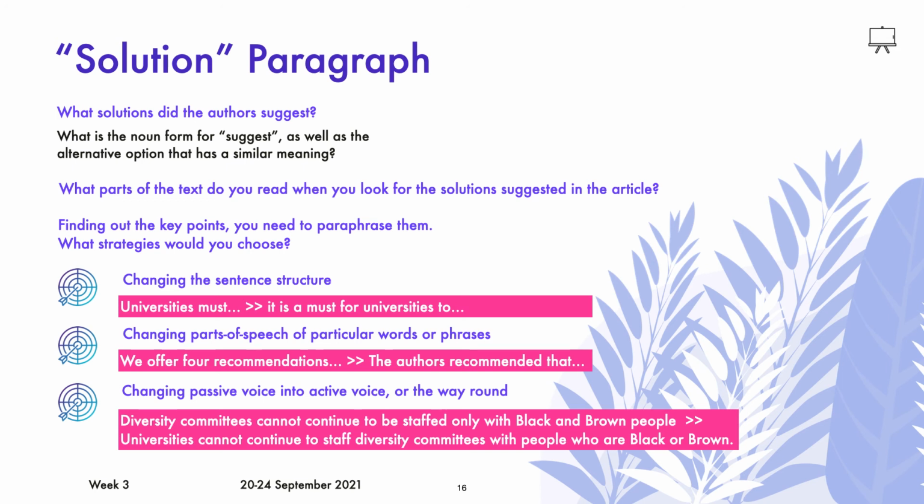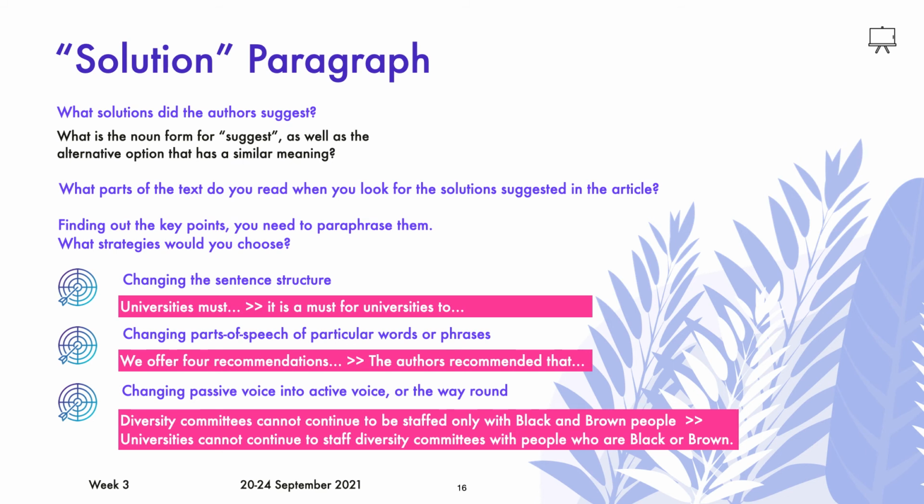The third strategy would be changing voice from passive voice to active voice all the way around. In this case, we have diversity committees cannot continue to be staffed only with black and brown people.